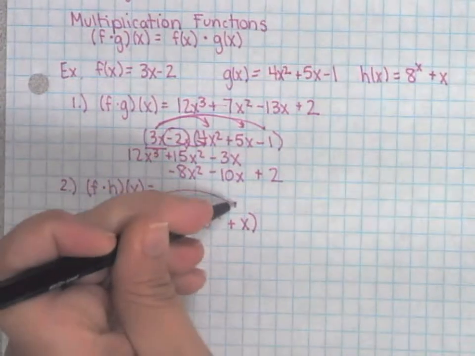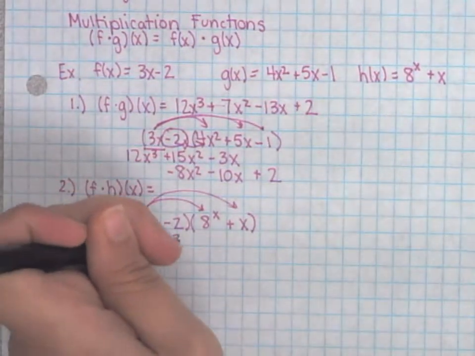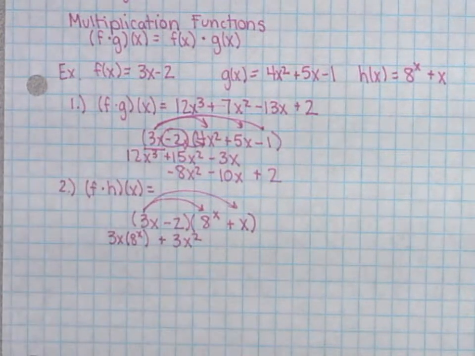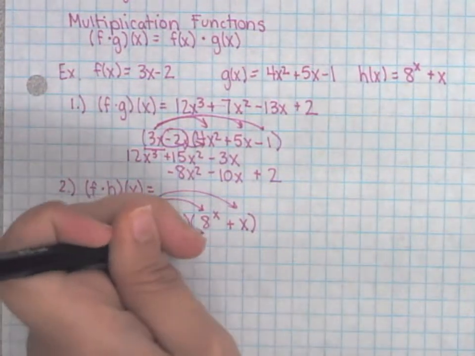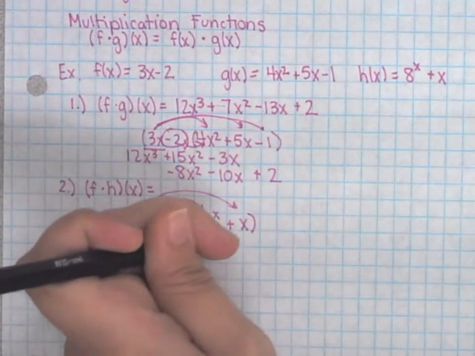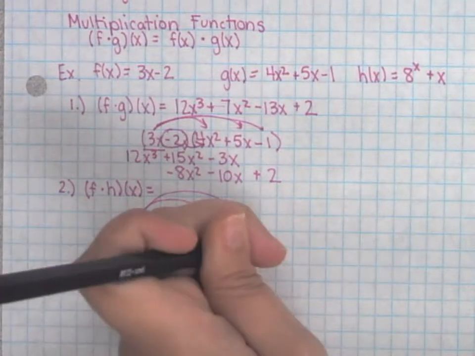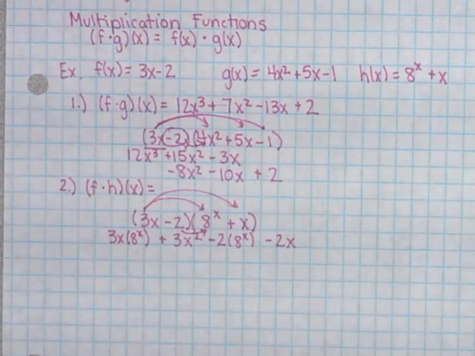And then 3x times x, you can do that. So you just get 3x squared. The -2 and the x can't do that either. So -2 times 8 to the x. And then -2x. And literally nothing can combine.